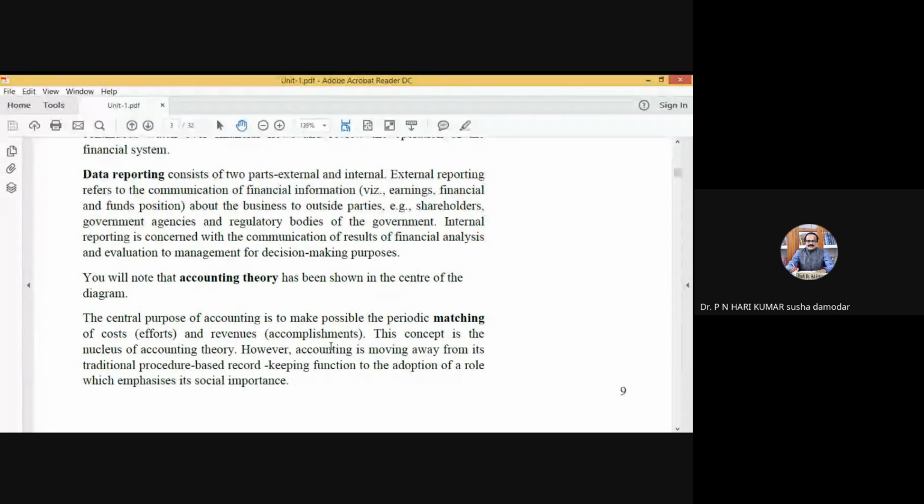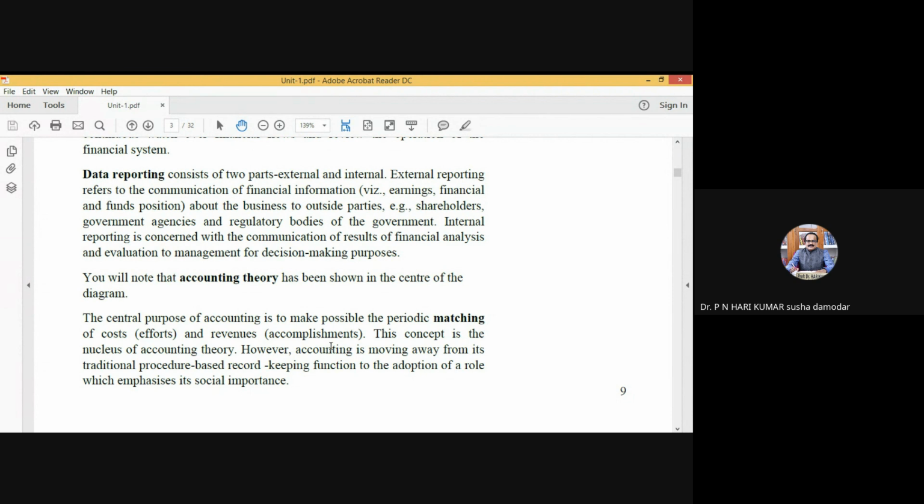So cost and revenue shall be matched. There are certain costs incurred when we do business, and certain revenue generated from the business.